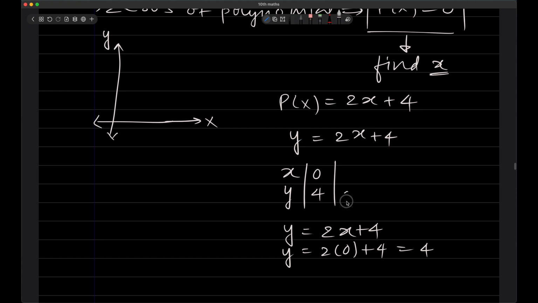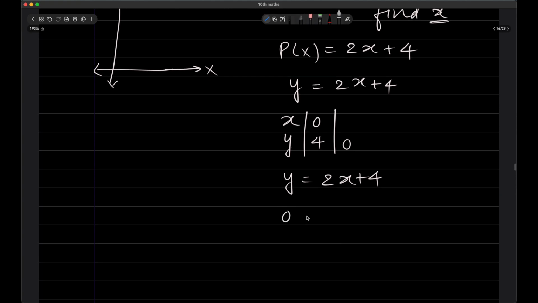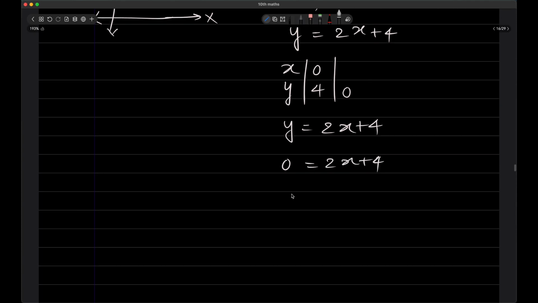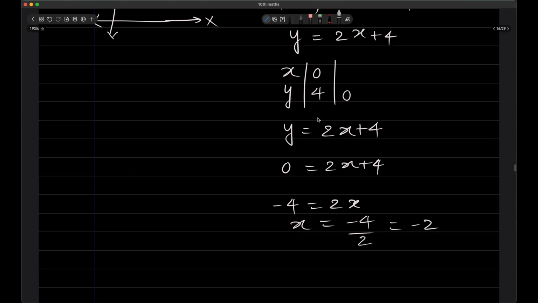Then we put y equals to 0 and find the corresponding x, that is 2x plus 4 equals to 0, so 2x equals to minus 4, and we get x equals to minus 4 by 2 equals to minus 2.